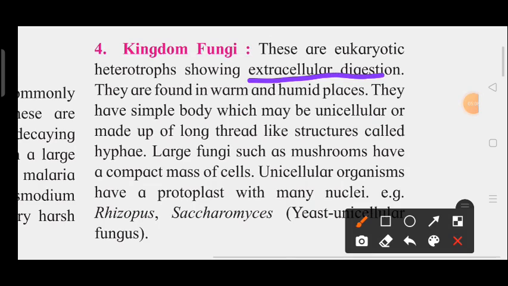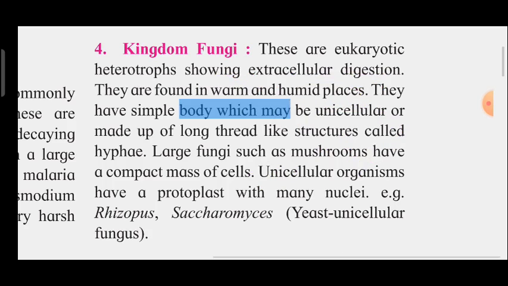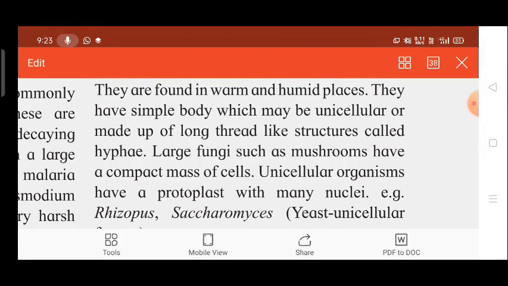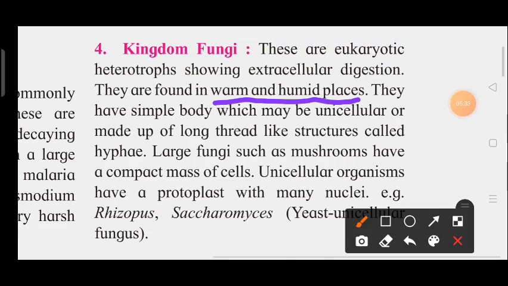They are found in warm and humid places. Warm means the temperature is somewhat higher, and humid means the air has moisture. In these conditions, they grow at a good level. They need warm and humid places.